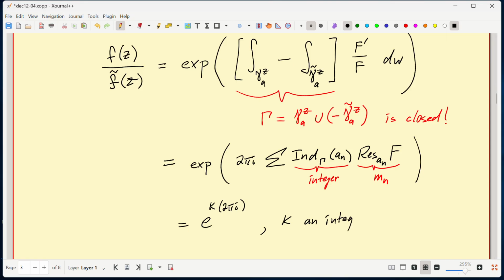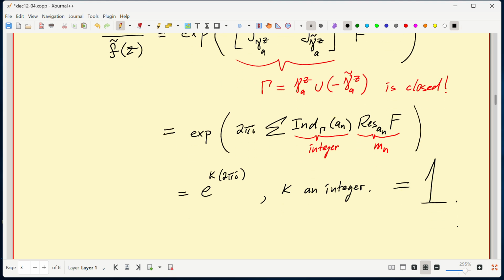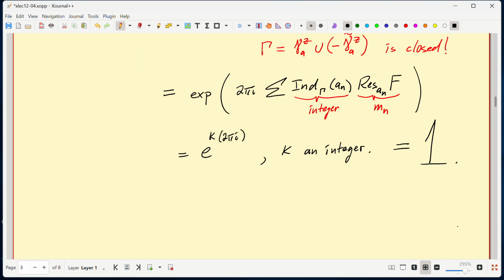The index could be negative, so it could be a negative integer. So that's a big fat 1. And so those f and f twiddle are the same. Questions about that? That's a fantastic argument.